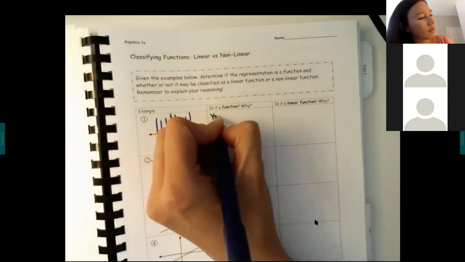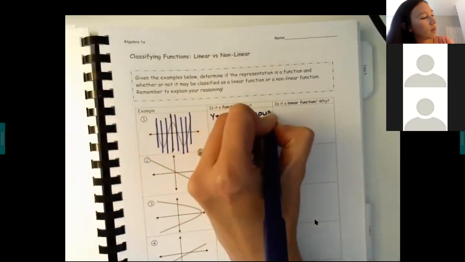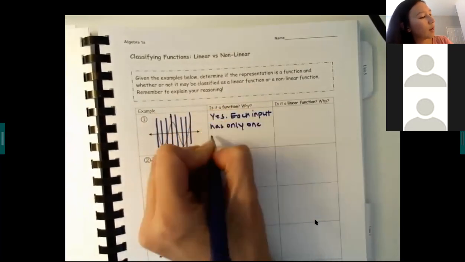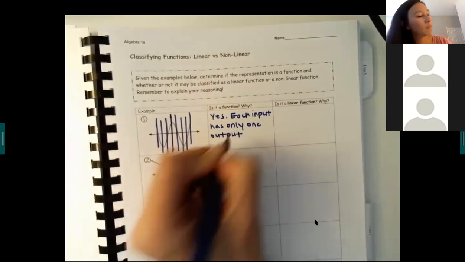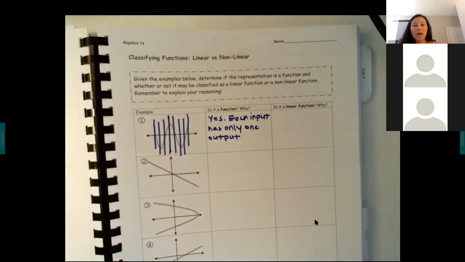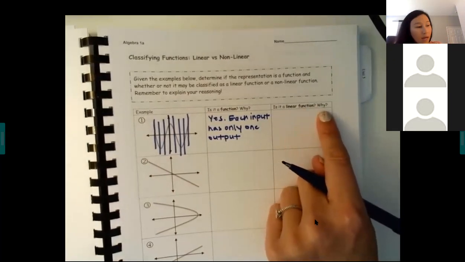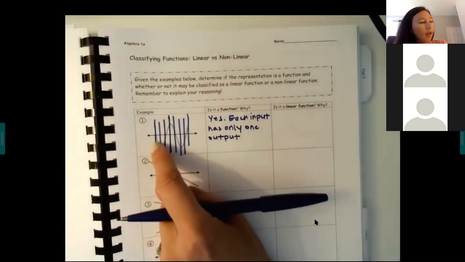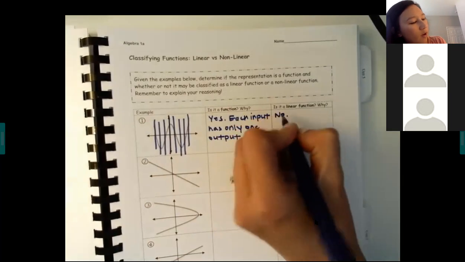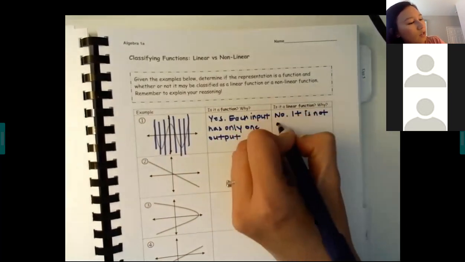So yes, it is a function. Each input has only one output. Now, is it a linear function? So we said a linear function has to be a straight line. It is not a straight line, so we are going to say no. Why? Because it is not a straight line.